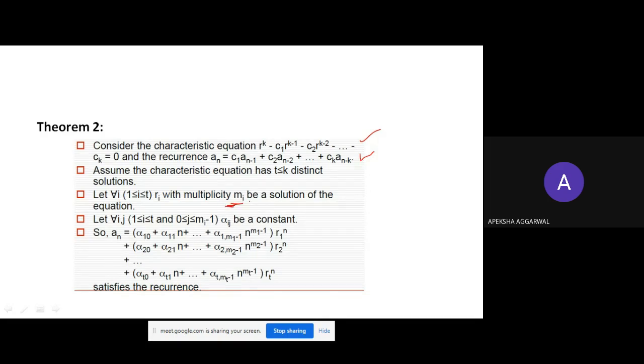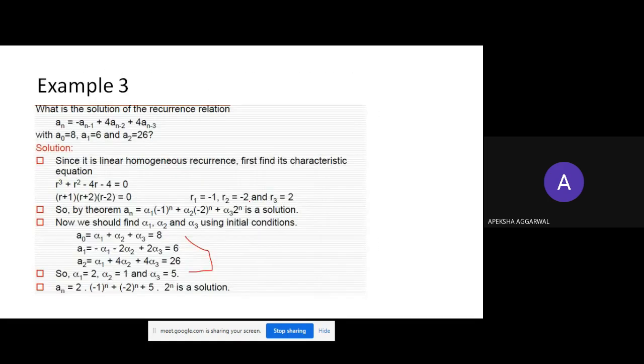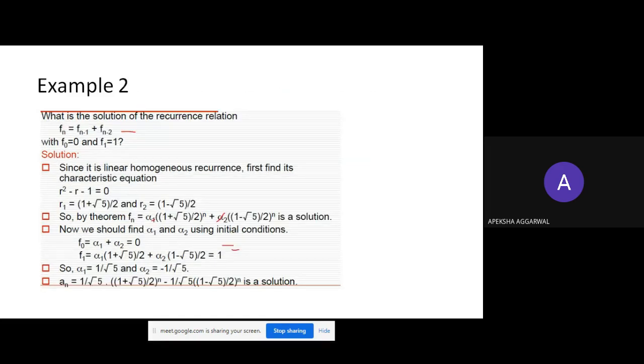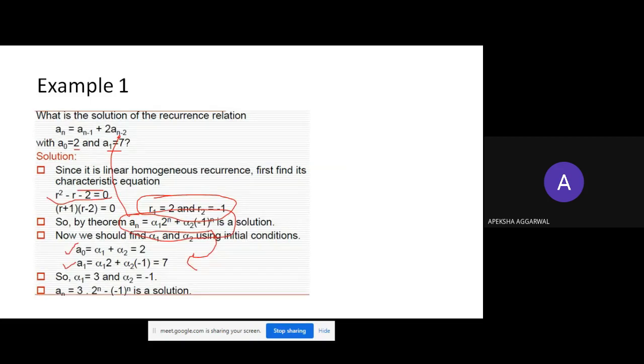Multiplicity m means you were having three r's, so multiplicity was 3. You were having 2 r's, multiplicity was 2. You were having 1 r, multiplicity was 1. Okay? So multiplicity depends upon how many solutions you were having.